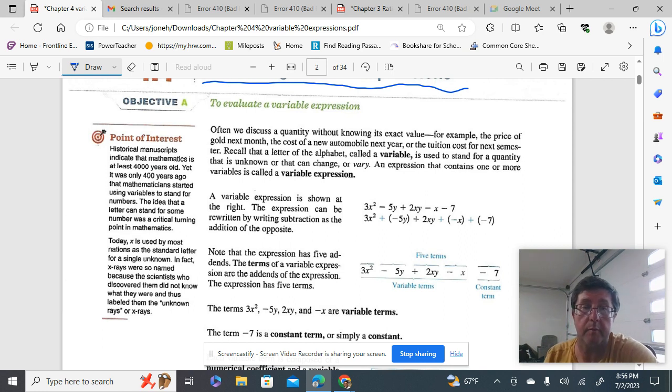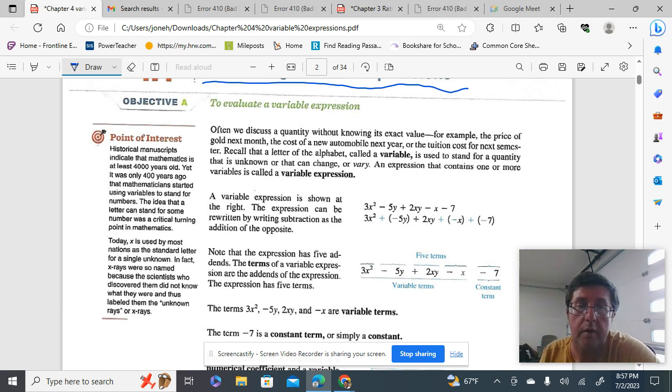This is awesome. So, often we discuss a quantity without knowing its exact value. For example, the price of gold next month, the cost of a new automobile next year, or the tuition costs for next semester.